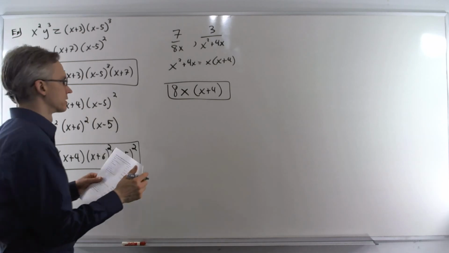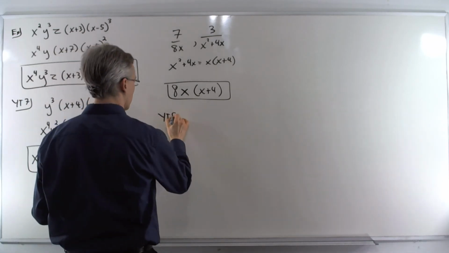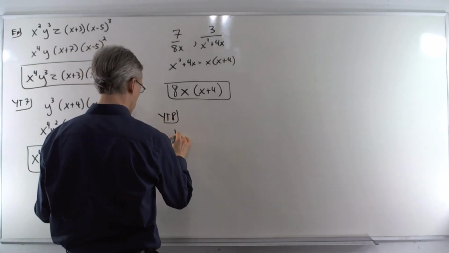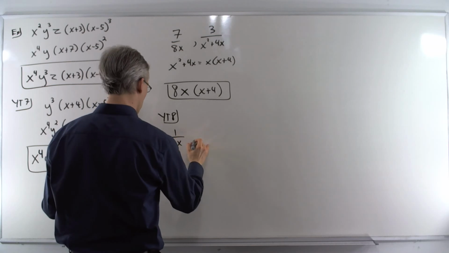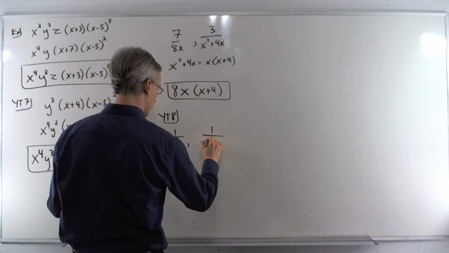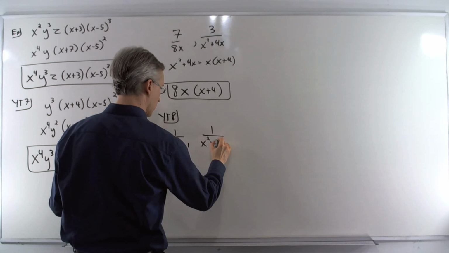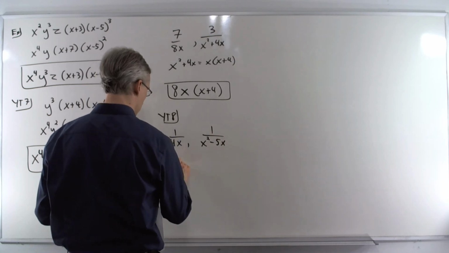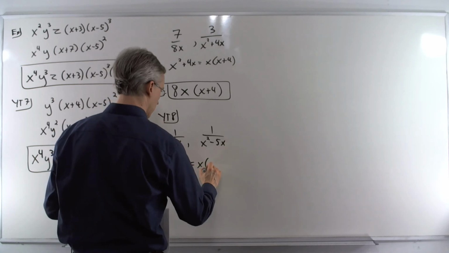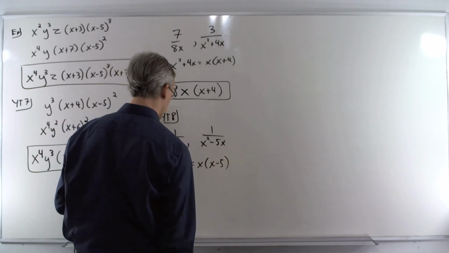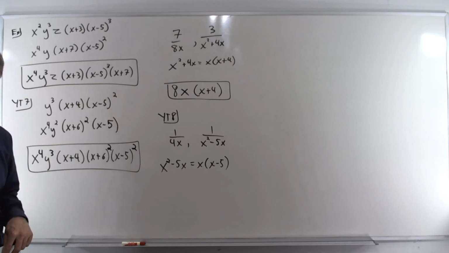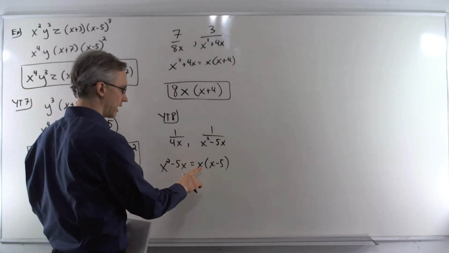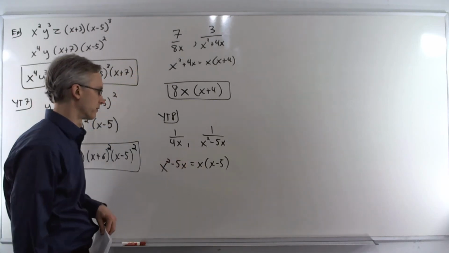Your turn, number 8. All right, now we've got 4x and x times x minus 5.